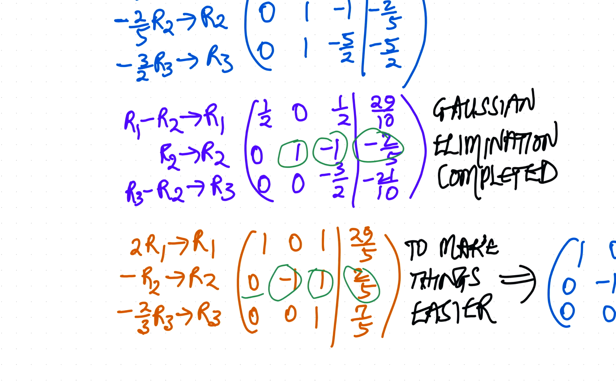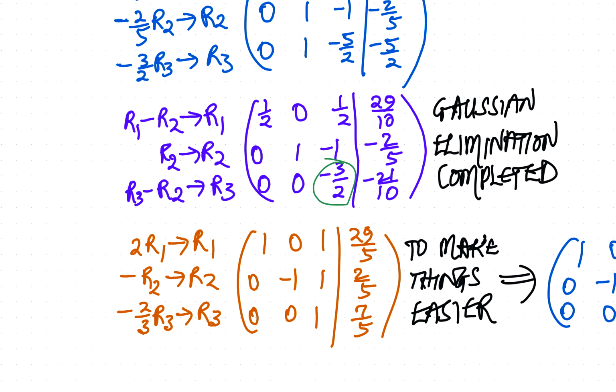So the new row 3 would be minus 2 over 3 of the old row 3 because of this, which is also supposed to be a pivot. This is expected to be a pivot. So I'm actually preparing the ground for the next journey. Although Gaussian elimination is like a stopover on your way to some other destination, like I've been saying. So minus 2 over 3 times 0 now is 0. Minus 2 over 3 times 0, another 0.